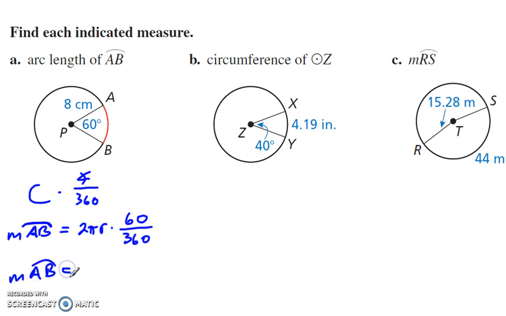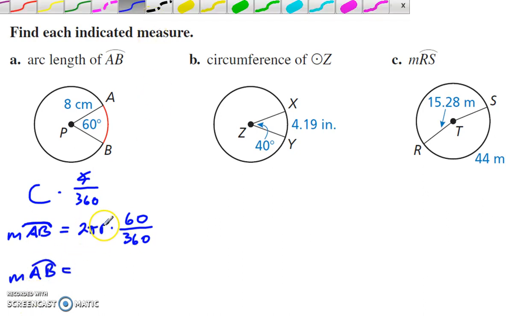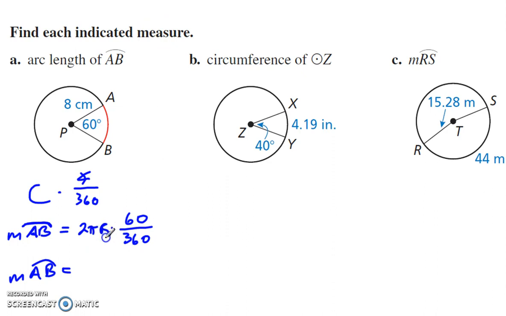I meant to substitute in here for radius. This is 8 right there, because the radius is 8. So type that in, and you get approximately 8.38 centimeters for this arc.